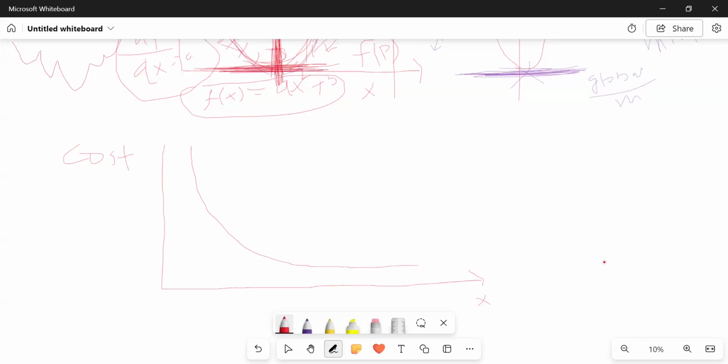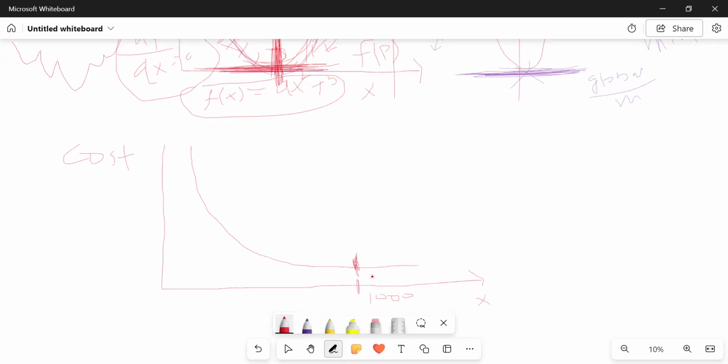So your gradient descent will give this kind of graph. Initially my cost is very high. Let's suppose this is the 100th and this is the 1,000th iteration. I did 1,000 iterations of gradient descent, and at this point I find that this is the minimum cost.